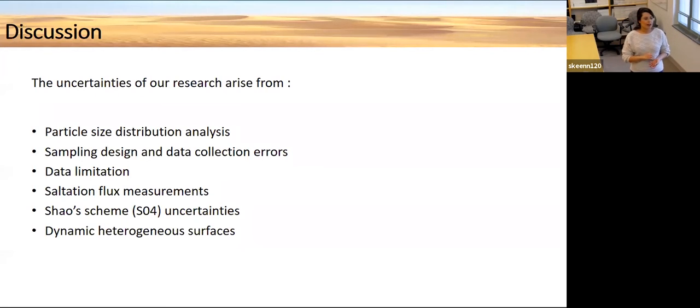And then there have been some limitations on measuring saltation flux. We had data for just 2 events. More data on saltation flux will help us to compare our estimated saltation flux with the measurements, so we can validate our model better.